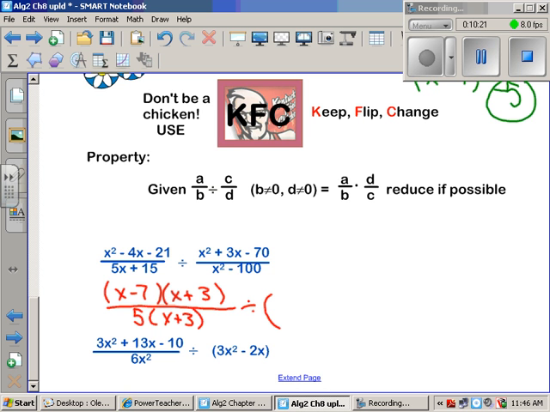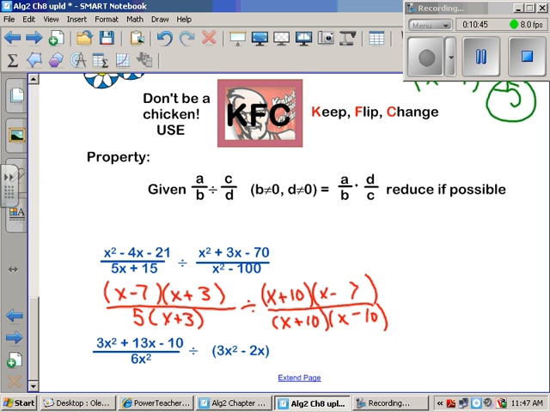And then x squared plus 3x minus 70. Anybody? Right, x plus 10 and x minus 7 over x plus 10, x minus 10.